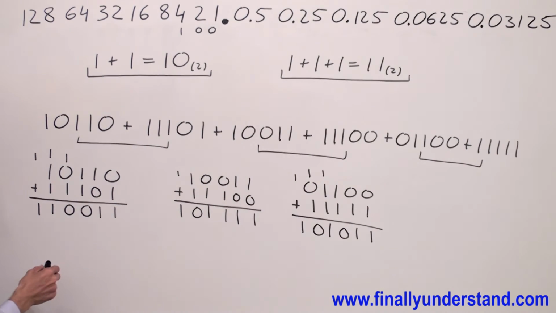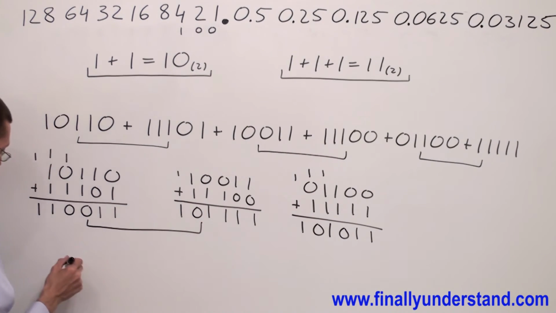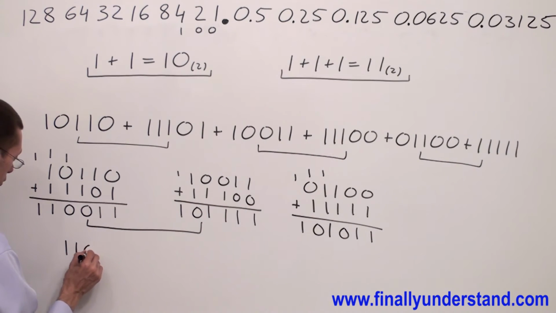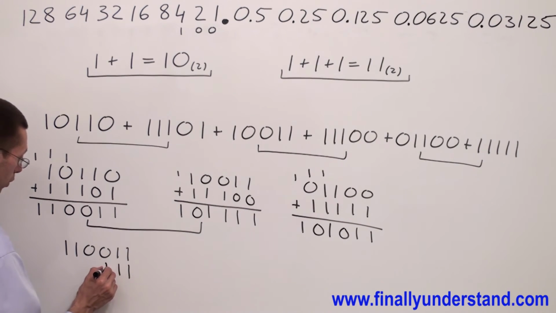Next, we're supposed to add these 2 numbers together. And we are going to have 1 1 0 0 1 1 plus this one, which we have 1 1 1 1 0 1.